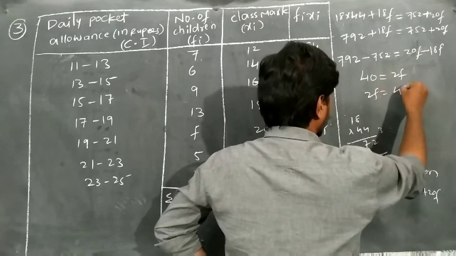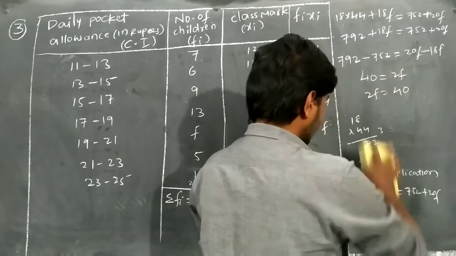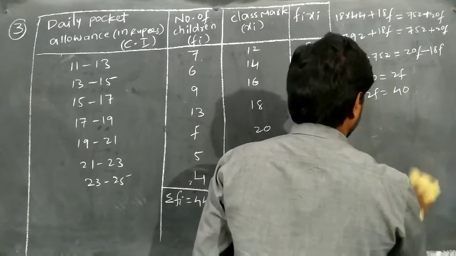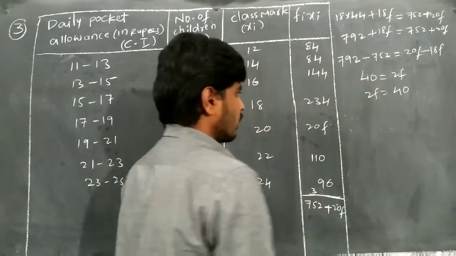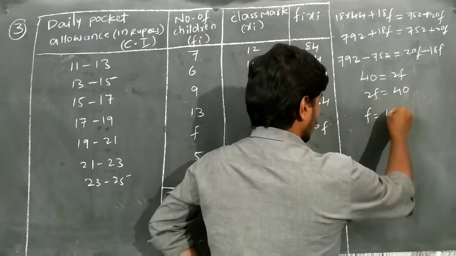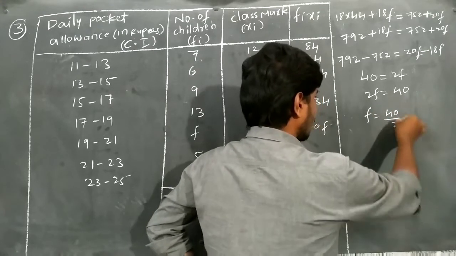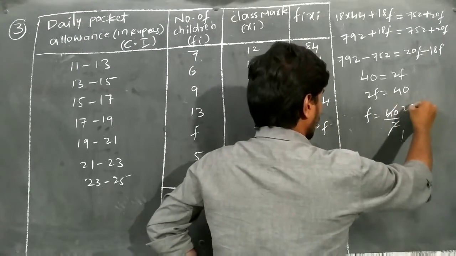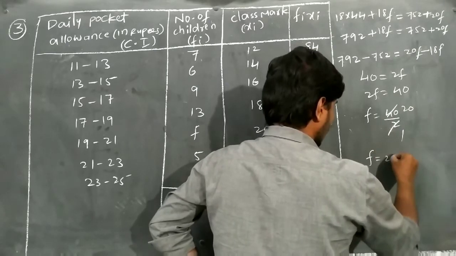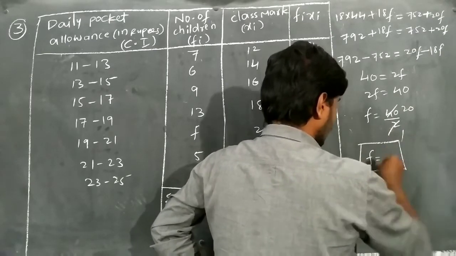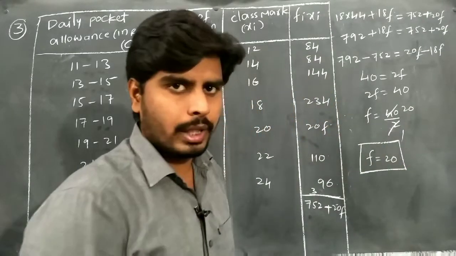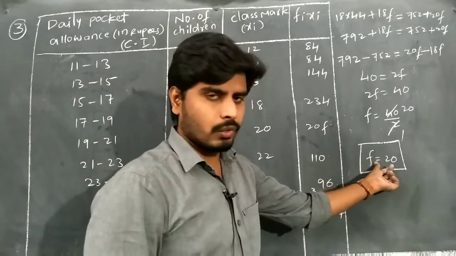So 2f equals 40. Next, f is equal to 40 by 2, 2 1s are 2, 2 20s are. Now f is equal to 20. This is our required answer. We got f equals 20.